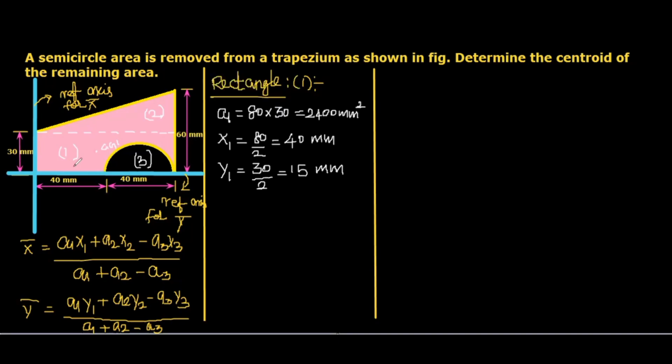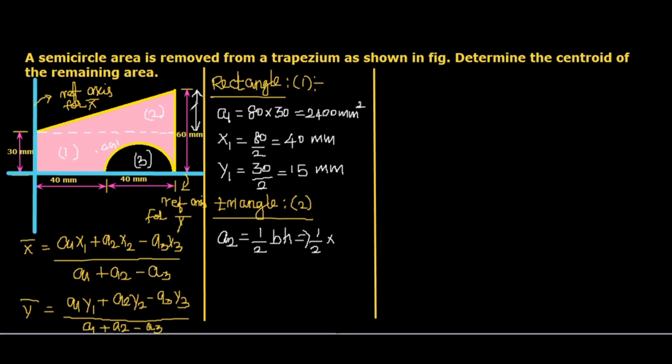Then we have to do the calculation for the second segment, that is a triangle. For this, A2, we know the area of the triangle is 1 by 2 B H. Here you can see the base is 40 plus 40, that means 80. The vertical height of the triangle is only this dimension.